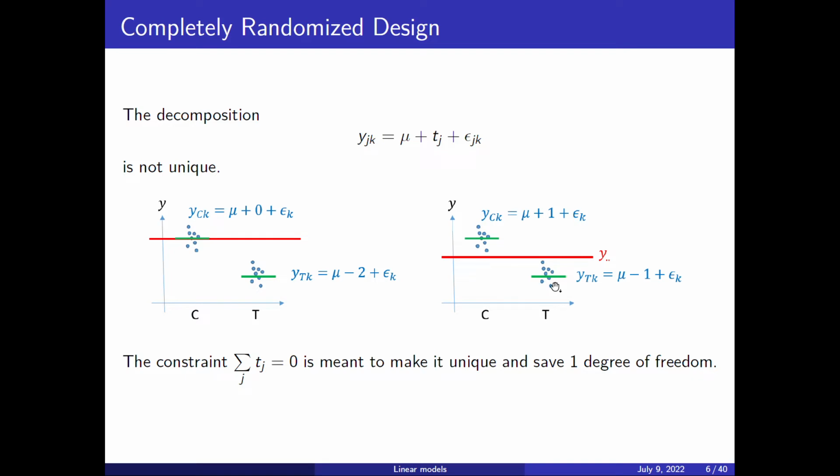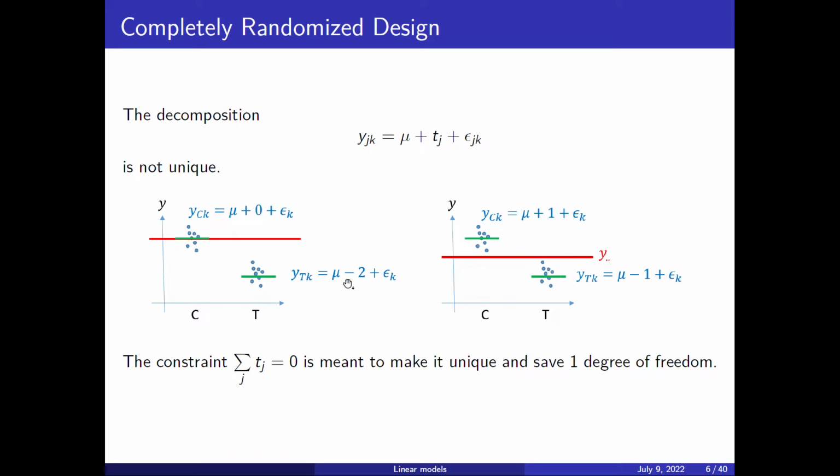This shouldn't be misunderstood. For instance, this doesn't mean that there is an overall blood pressure and then if you go to the placebo your blood pressure increases. That doesn't make sense. What makes sense is that the difference between the control and the treatment group is 2, and it is 2 in this decomposition.